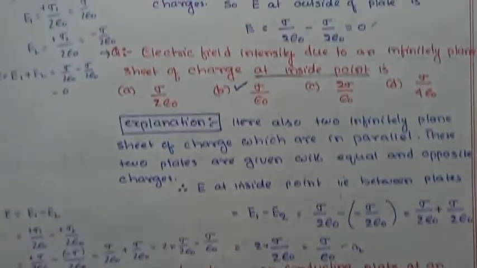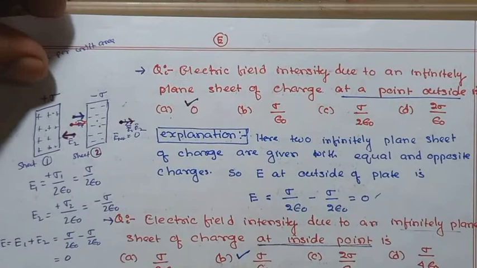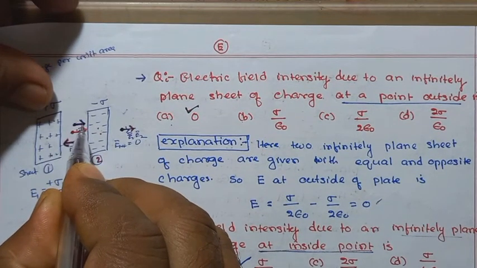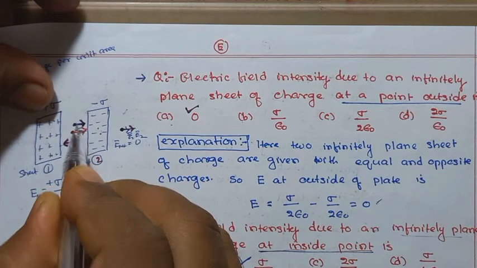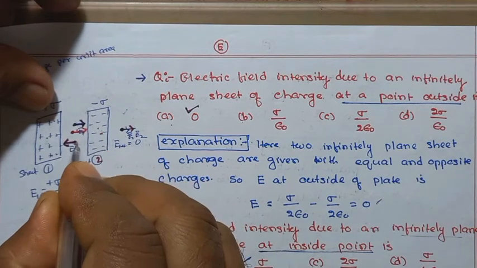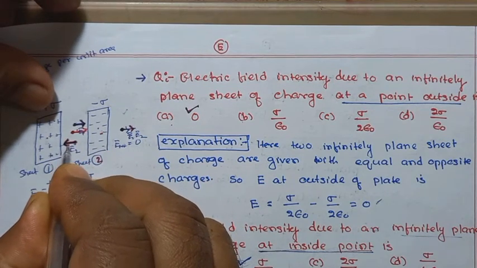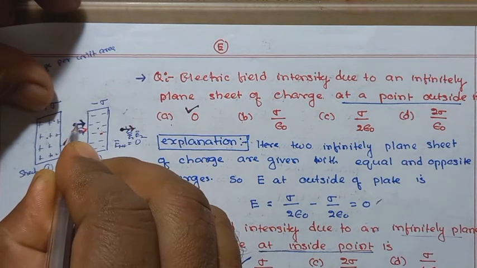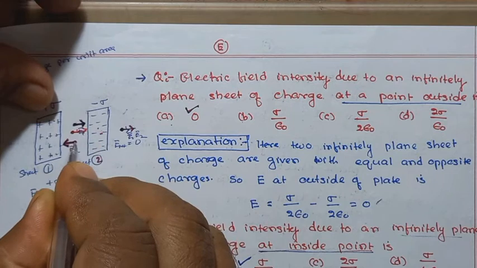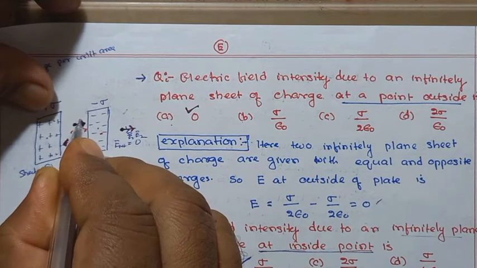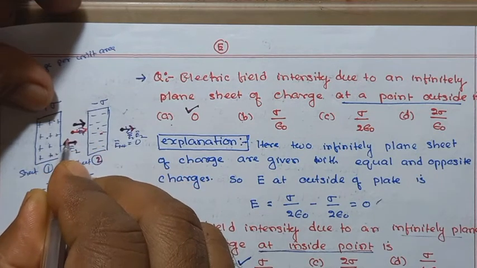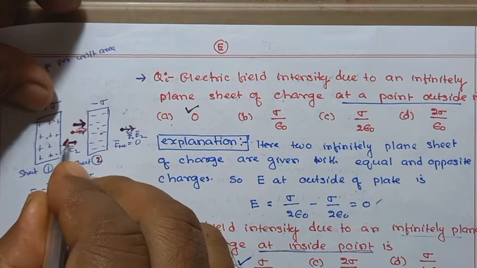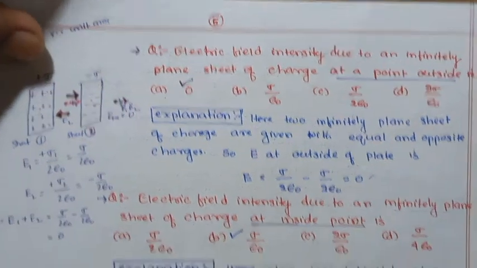So the resultant electric field is here. See, due to this sheet, it is directed in this direction, that is along the direction of positive x-axis. And due to this sheet, this is directed along the negative x-axis. So resultant electric field is E1 minus E2, because E1 is taken as positive and E2 is taken as negative, because E1 is acting along positive x-axis, E2 is acting along negative x-axis.